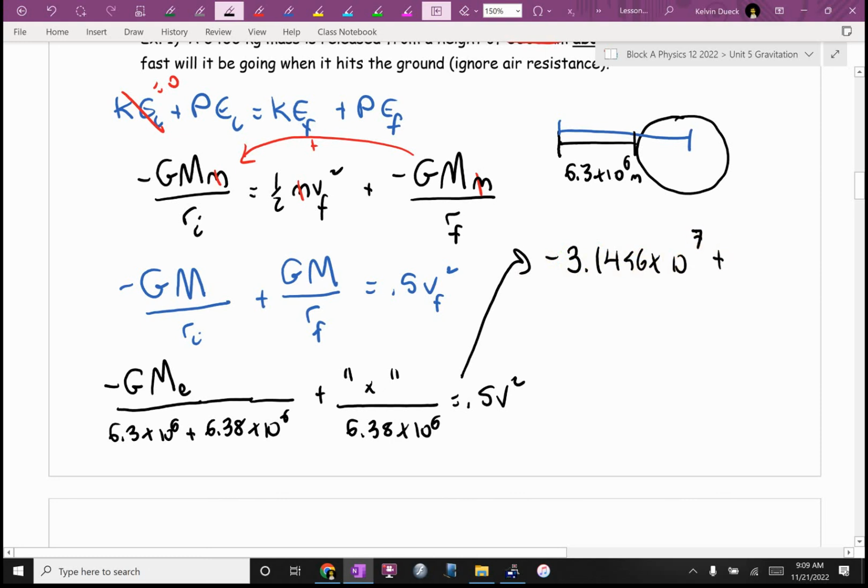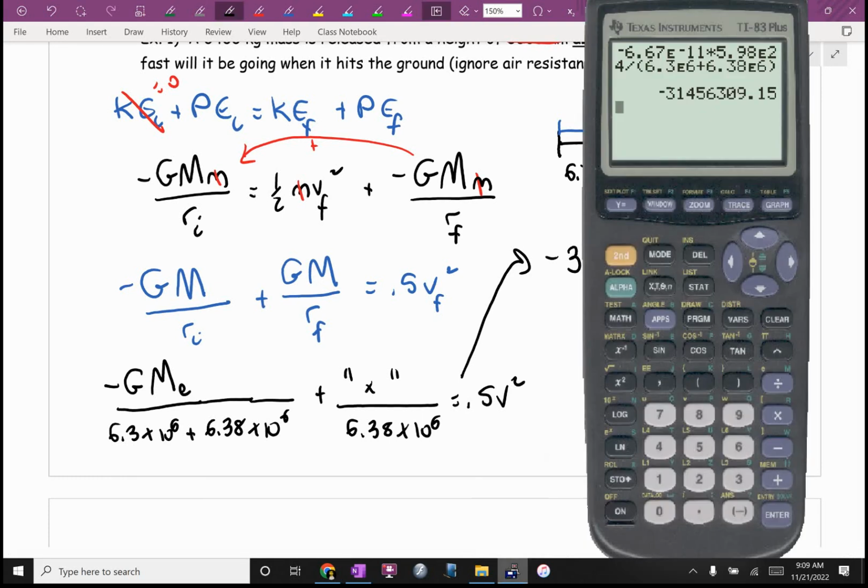And then there's a plus sign. For the second fraction, all I'm going to do is figure out how to bring back the previous line on my calculator. I hope you've all figured out how to do that by now. All I need to do is delete, delete, delete, delete, delete, delete.